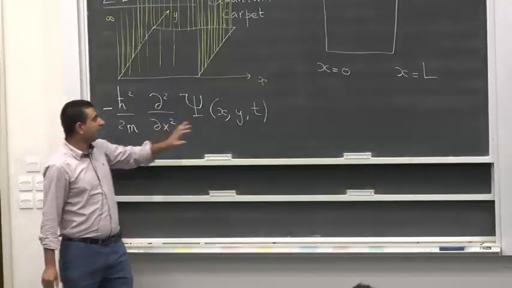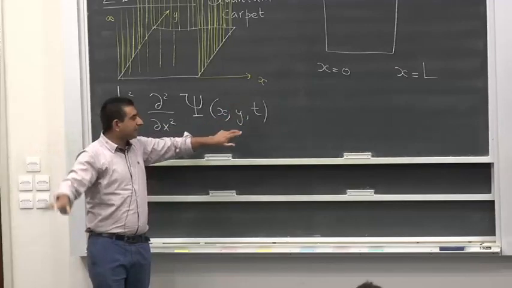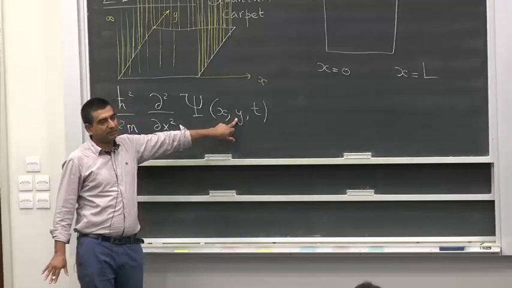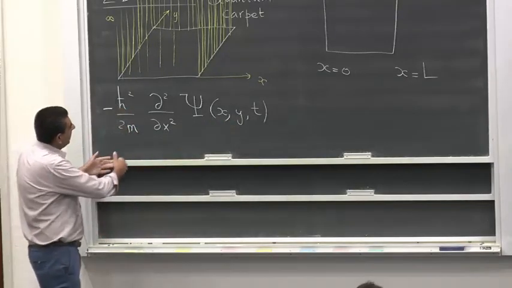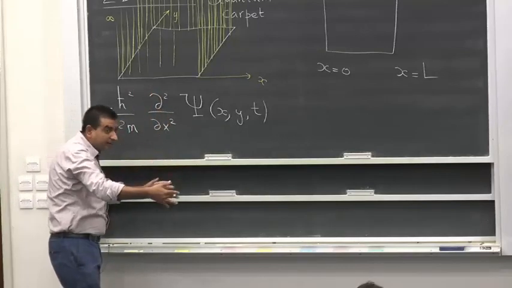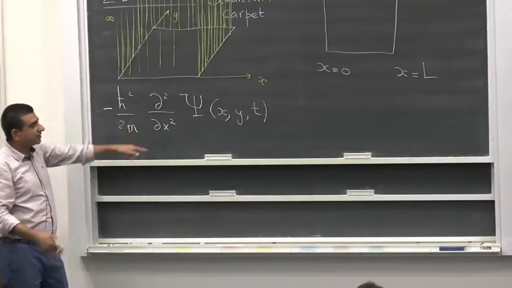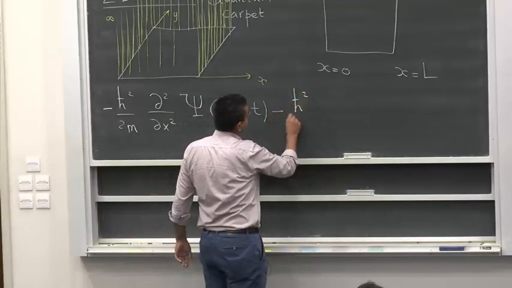So far so good. If I just had x, I would have a one-dimensional problem. But now I have introduced this second variable as well, y. Therefore, I will have to have a second order derivative with respect to y as well, in addition to the second order derivative with respect to x. So I added an additional term.